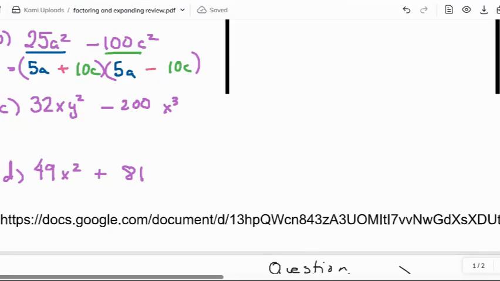Why can't I straight up do it? Yeah, 32 is not a perfect square. How about 200? Is it a perfect square? No. How about the variables? Are they perfect squares? Can I take a square root of them? So what do I do? Look at your whole chart. What should I have done first? What is the greatest common factor of this expression?